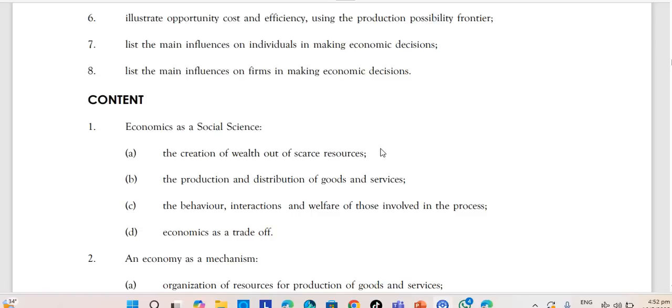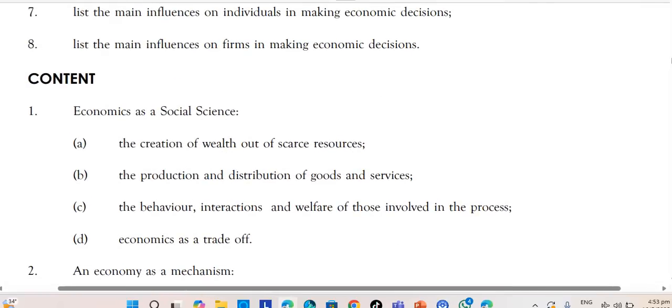Now, another aspect of economics is the production and distribution of goods and services. Now, students, do you remember what the term production means? Very good. So production refers to creating goods and services using resources.